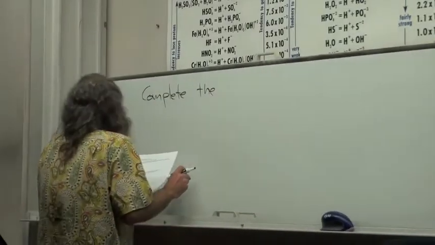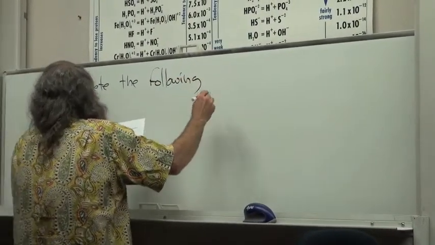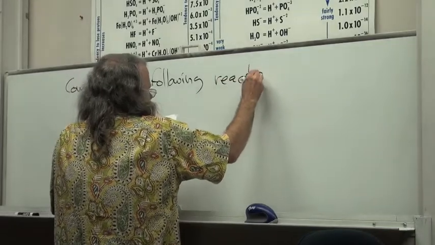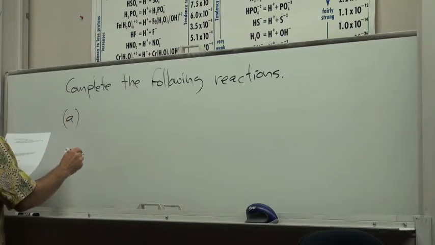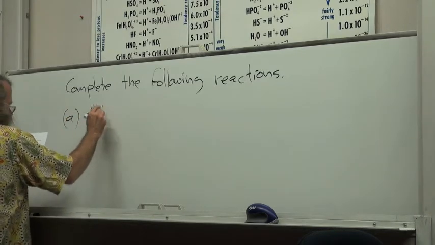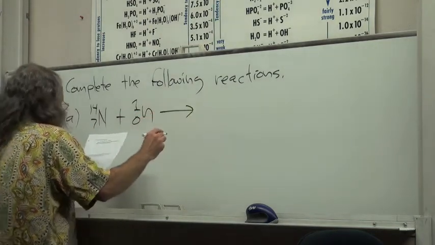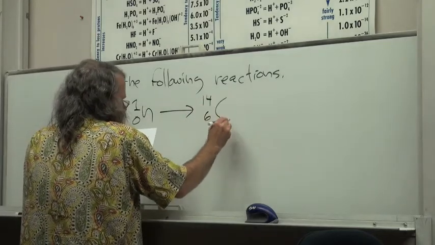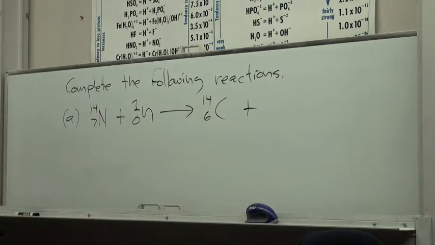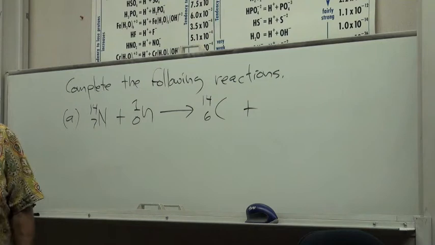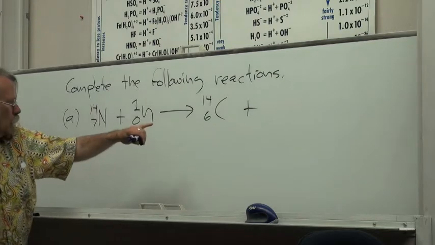Complete the following reactions. This is the one that gives us the carbon-14 in the upper stratosphere. Neutrons from the sun bombard the nitrogen.